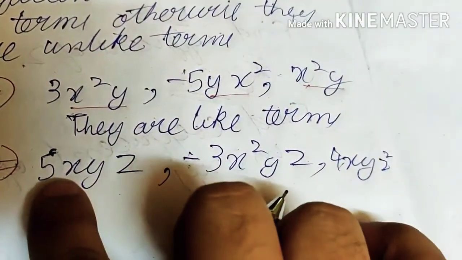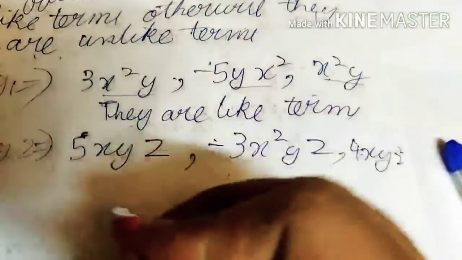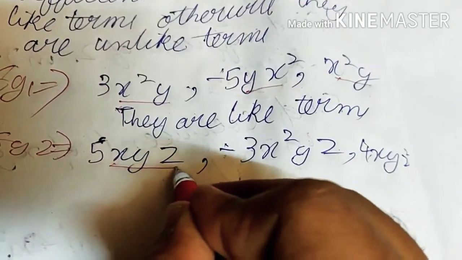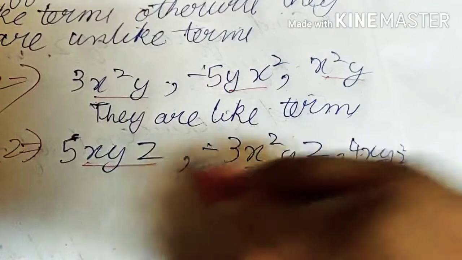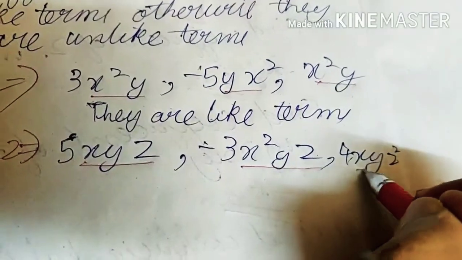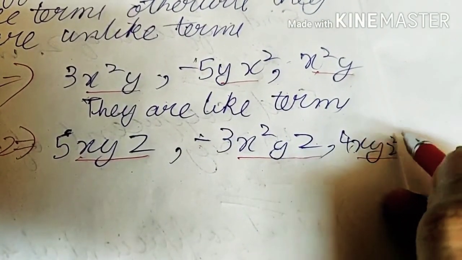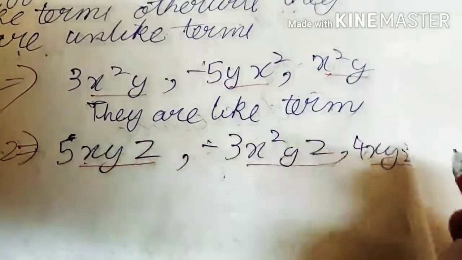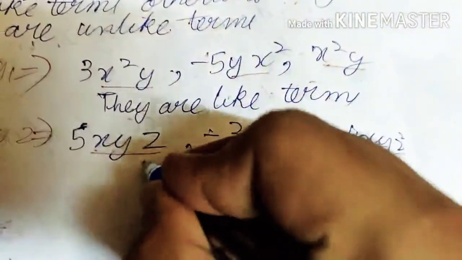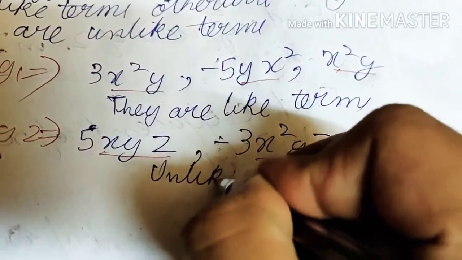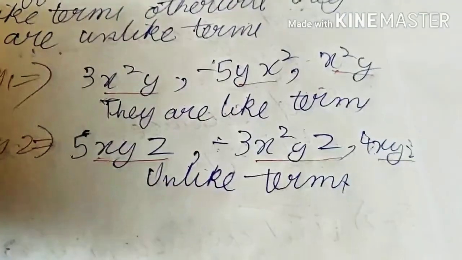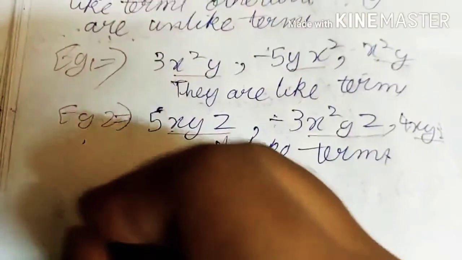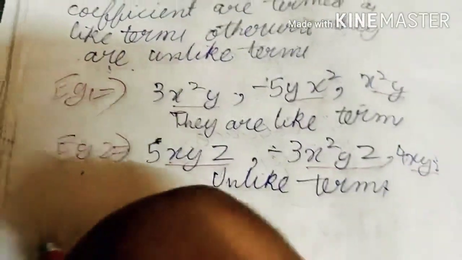If we see here, it is xyz, 1 time x, 1 time y, 1 time z, here it is 2 times x, 1 time y, 1 time z, so it is not same. And here it is x, y and z square, here 2 times z, so all are different terms, so these are unlike terms. Okay, got my point?